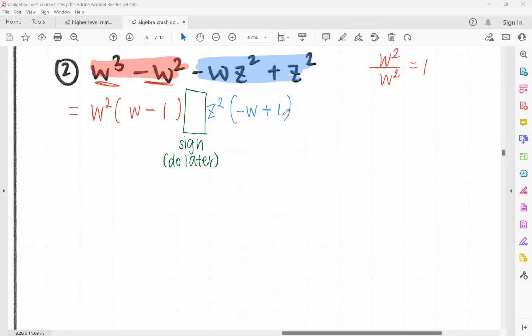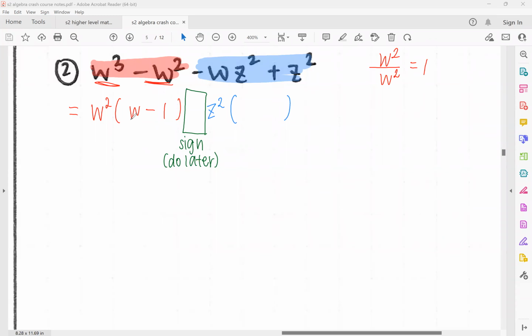So right now, guys, why I say the sign do later, are you all ready to listen? Look here. See, this is a positive or negative W? Positive W. And here is a negative W. So what happens? You know what I will do? I tell you a little trick now, because now you are on example 2 already.